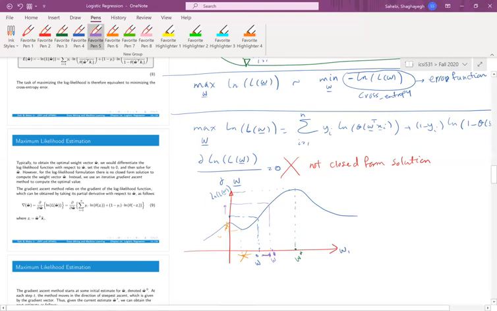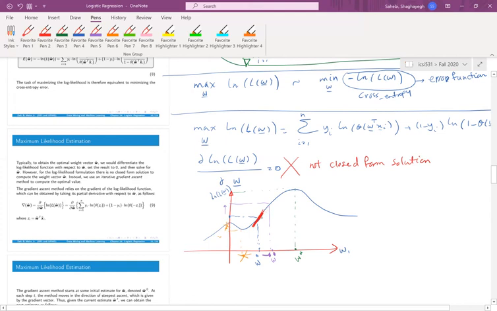We have to go to the right in this case because if I look at the slope of my function at this point W, I can see that it's a positive slope, right? So if I go to the right, if I increase the value of W, I'm going to get a higher value for f(W) also.